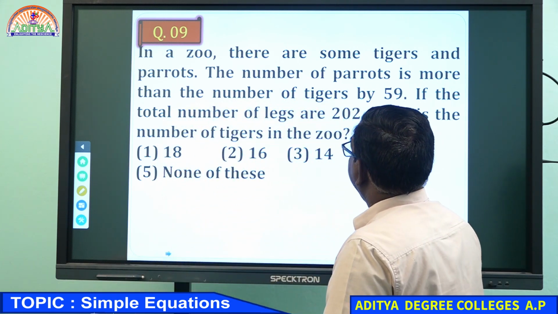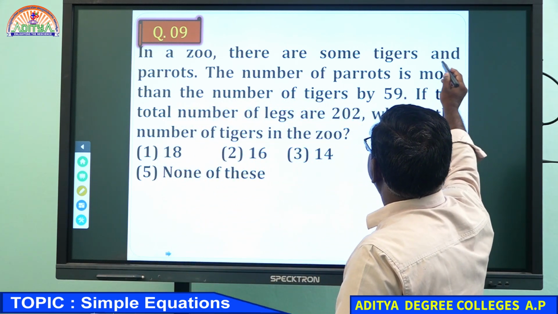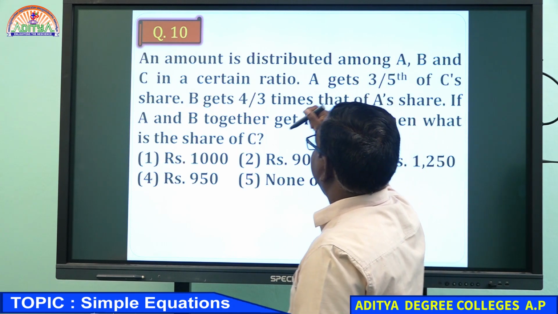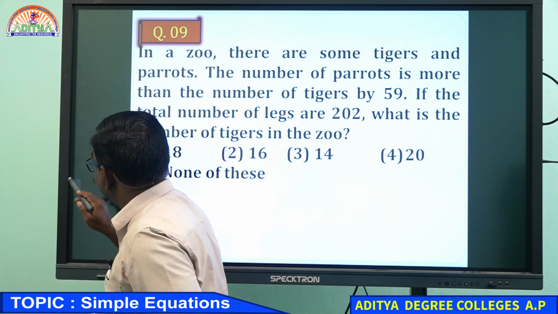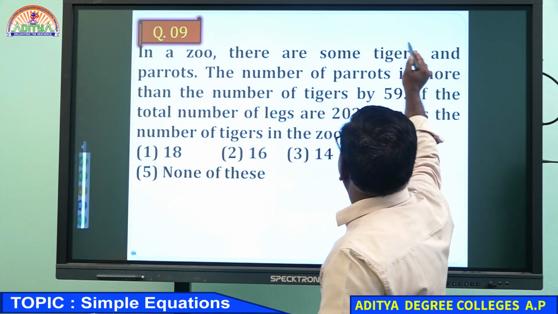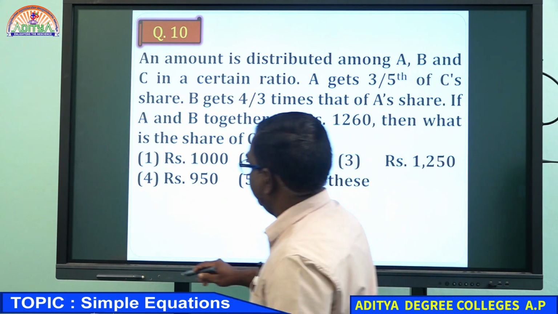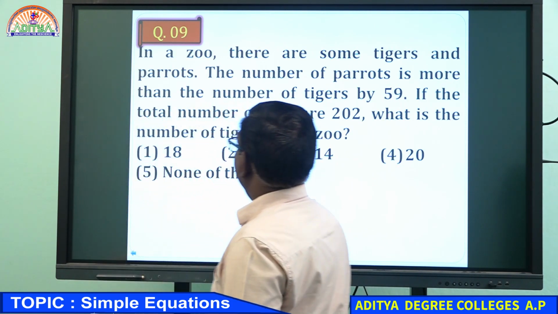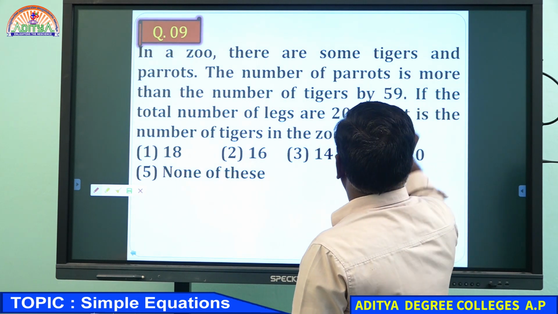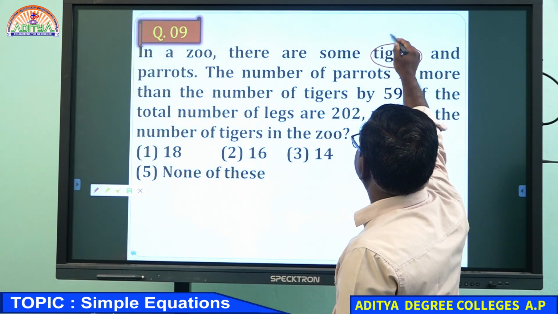In a zoo, there are some tigers and parrots. Tiger is having 4 legs.